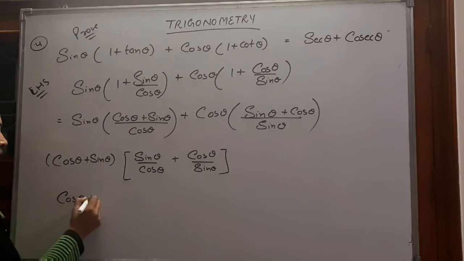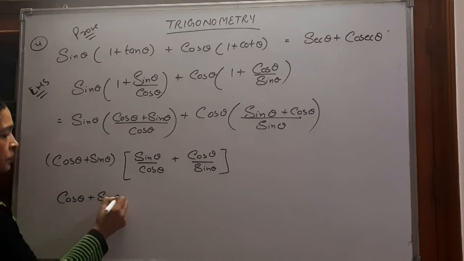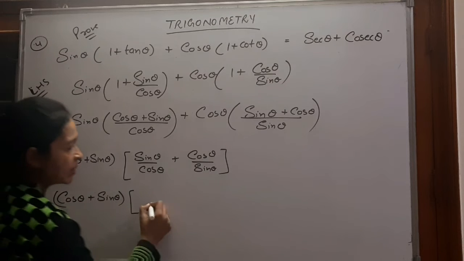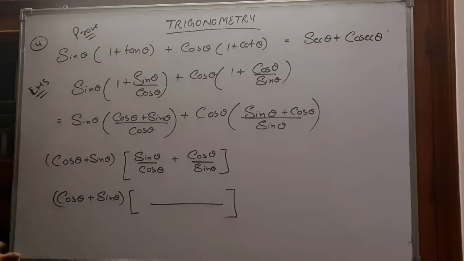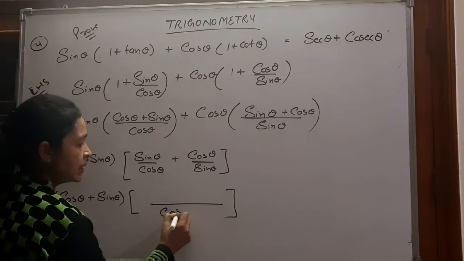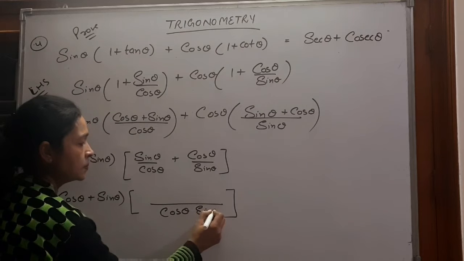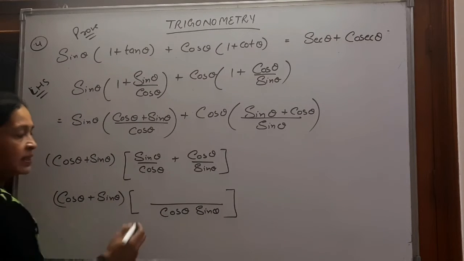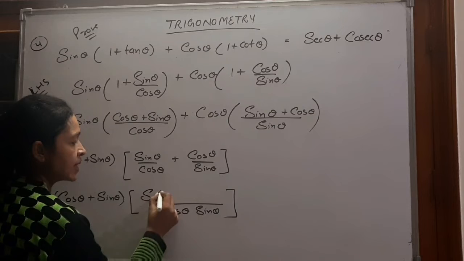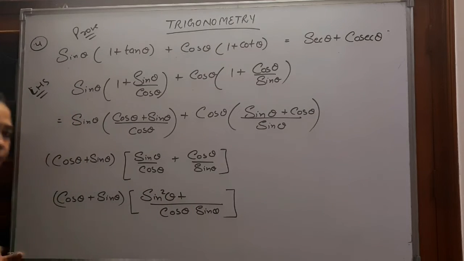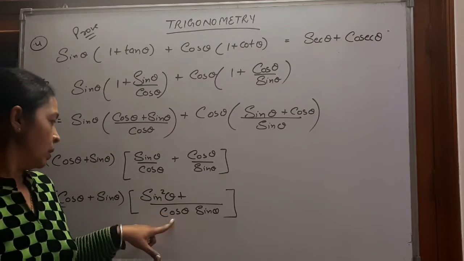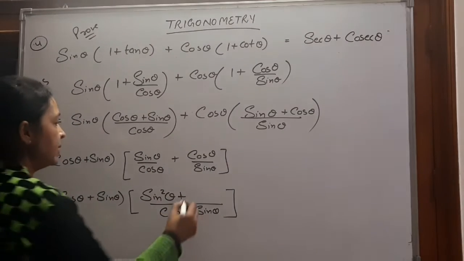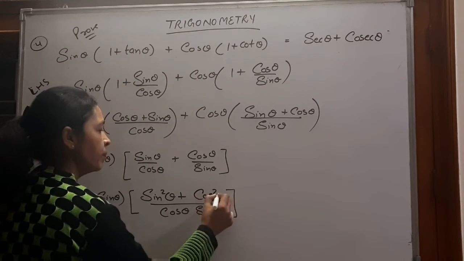Cos theta plus sin theta is common. We will take LCM in the bracket. LCM will be cos theta sin theta. Cos theta we already have. We will multiply sin theta with sin theta and we will get sin square theta, plus cos theta multiplied by cos theta, cos square theta.